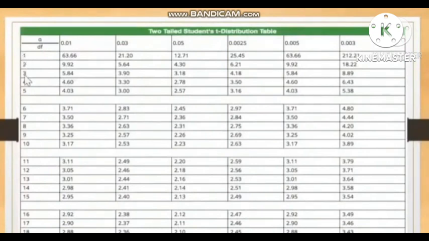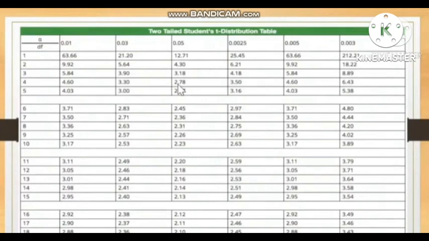This is the degree of freedom. 4 is here. We have to test at 5% level of significance. You see, it is 2.78. So the calculated value of T would be compared with this 2.78. If the calculated value of T is greater than 2.78, reject, because the difference is large.